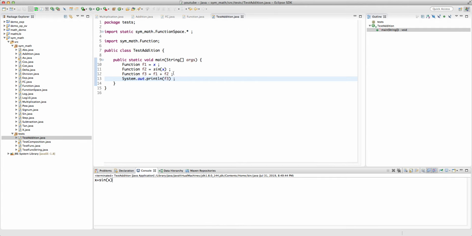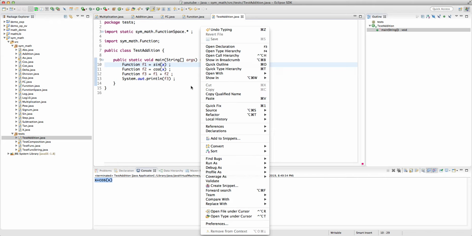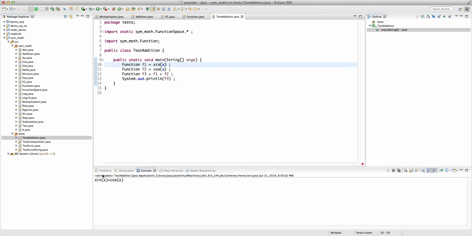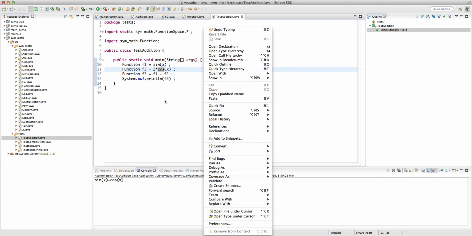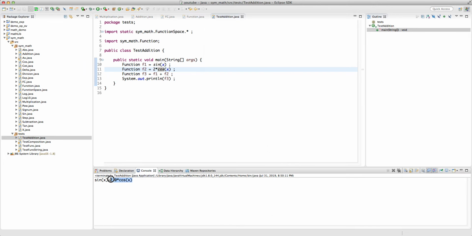If I do cosine, it works too. If I do sine of x, it works. If I do, for example, 2 cosine, it also works, because we already implemented the multiplication for numbers too.